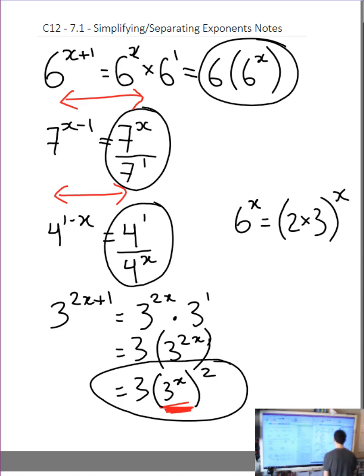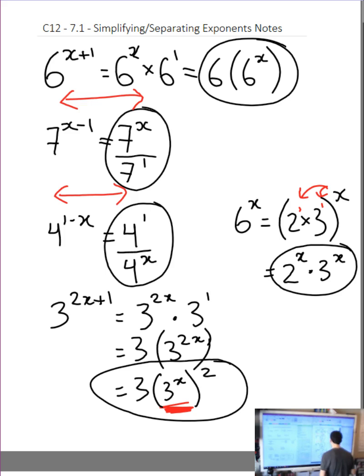Now I can give each thing an exponent of 1, and I can give that exponent to both things for 2 to the x times 3 to the x. Now, why do we want to do that? Not exactly sure. These are just the basic rules that we're going to be going over very carefully.